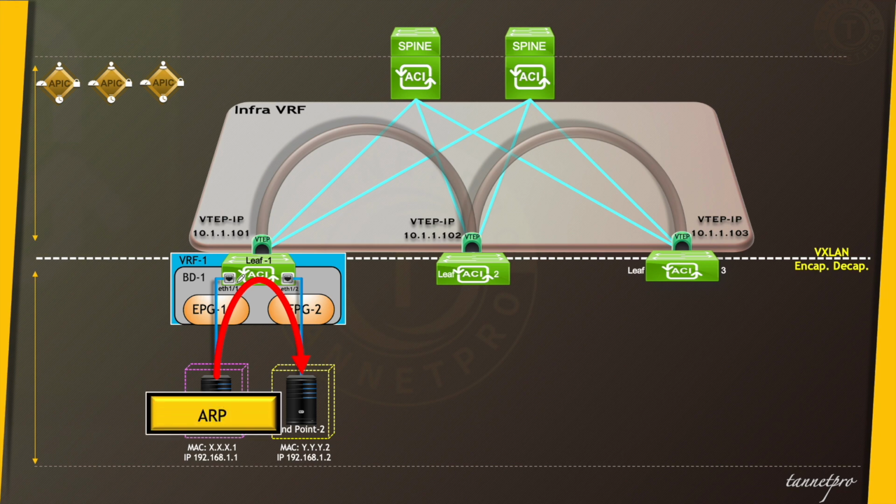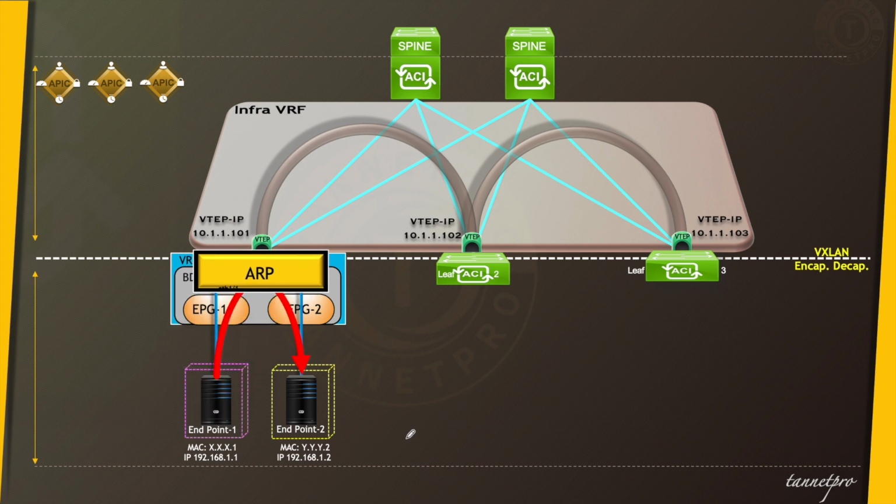Just think one ARP request is generated by this server. Once this ARP request is forwarded to the leaf switch, it's not forwarded to other ports. What it does is decapsulate. It sees the source MAC address and the destination MAC address.